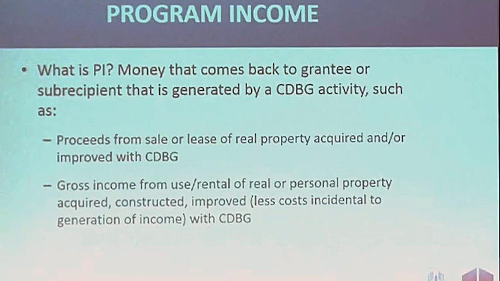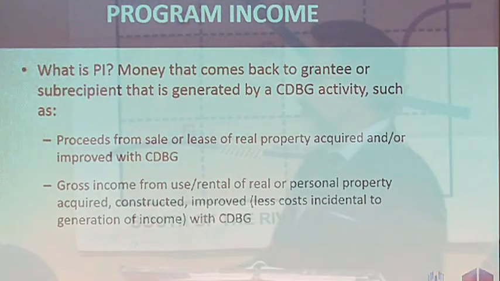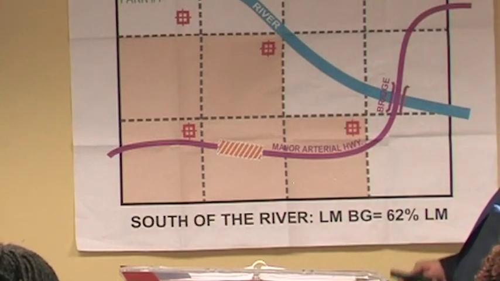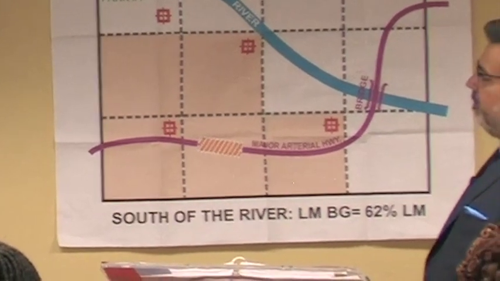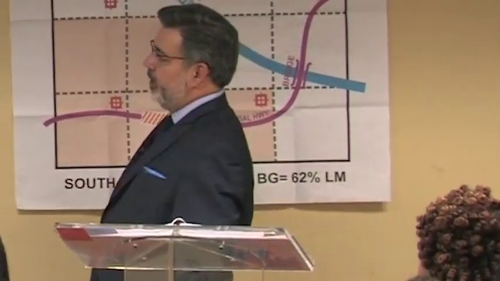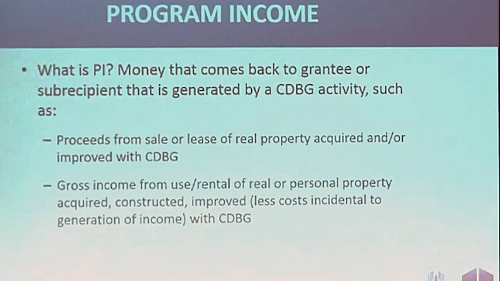So this is basically money that's returned to you through one of the CDBG activities that you implemented, okay? So it's money that comes back as a result of what a subrecipient generated by a CDBG activity, such as proceeds from a sale or lease of real property, gross income from use of rental or real personal property, and the most common ones are right up here.